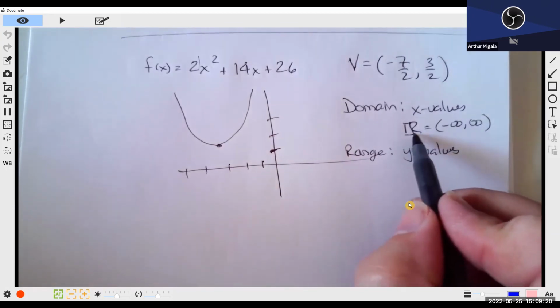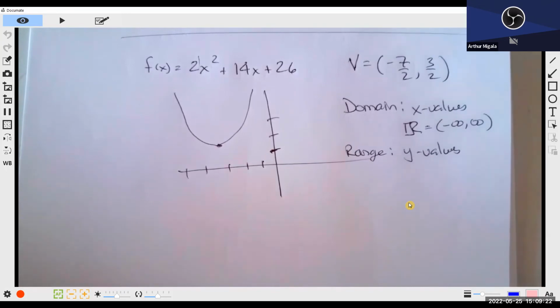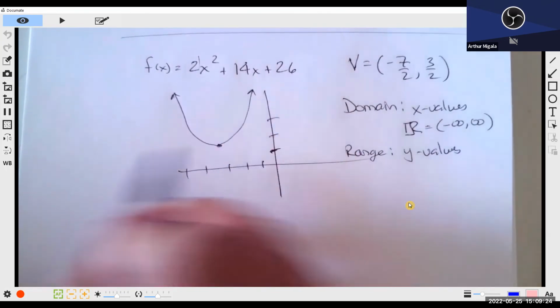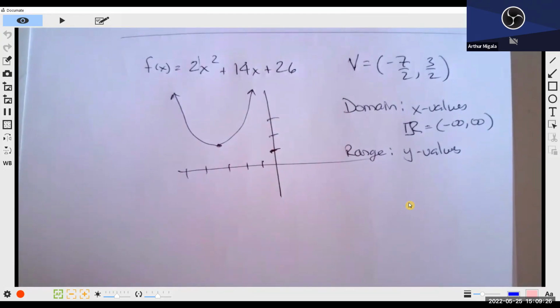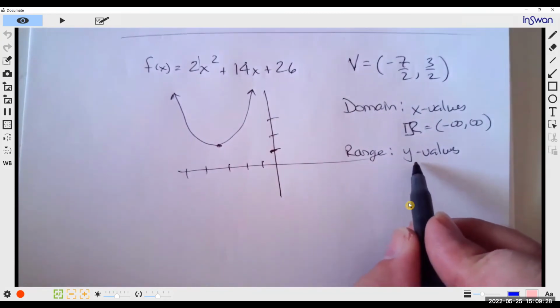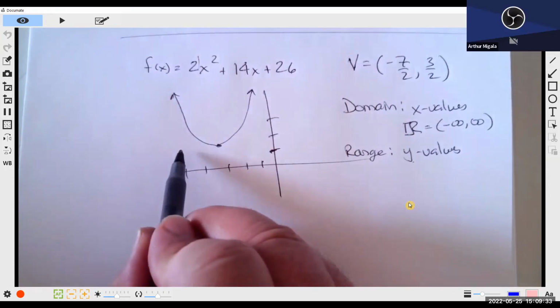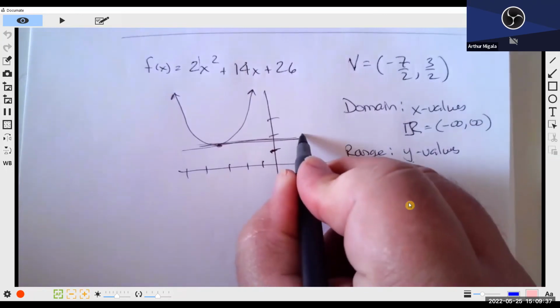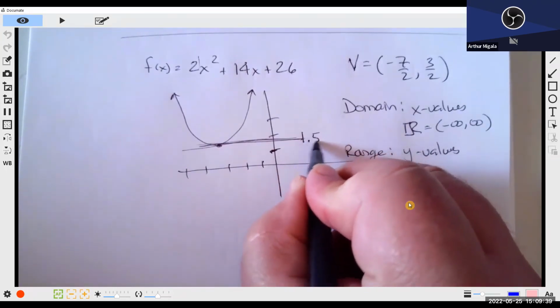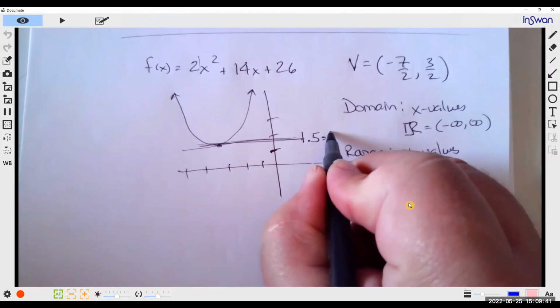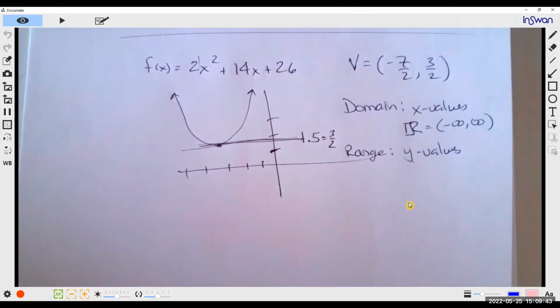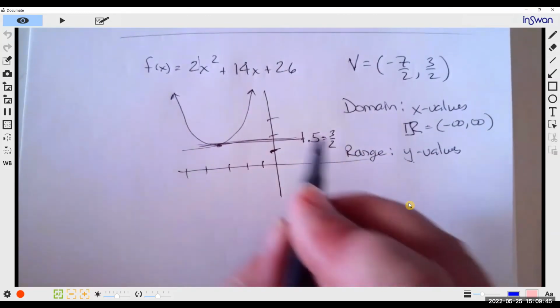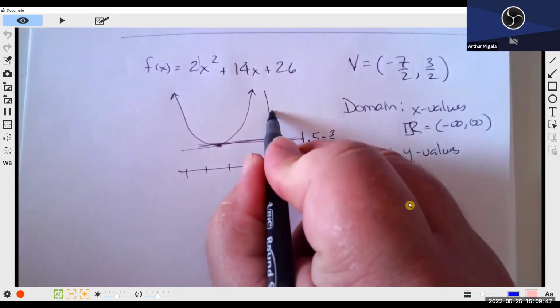It's all real numbers because it keeps on going forever and ever, both directions. The Y values, because it opens up, our smallest number we have is 3/2. So it goes from 3/2 up.